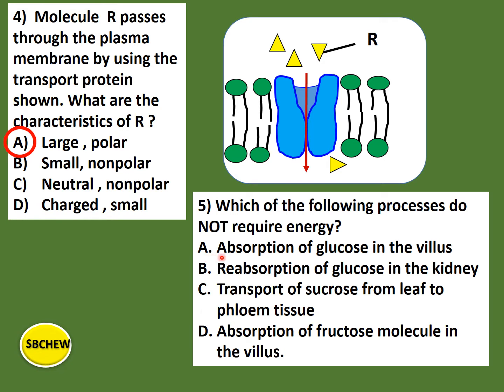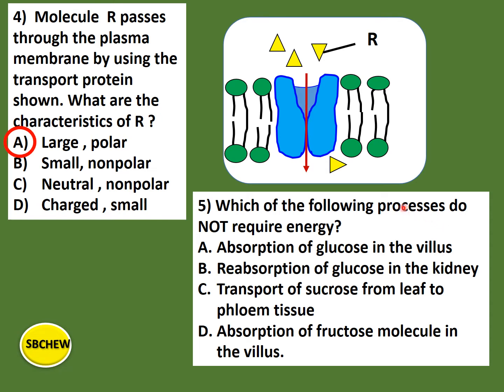Absorption of glucose in the villus. I'd like to clarify here, because there are many questions from students about this. Is this by active transport or facilitated diffusion? Especially for absorption of glucose in the villus, we consider this as taking place by active transport.